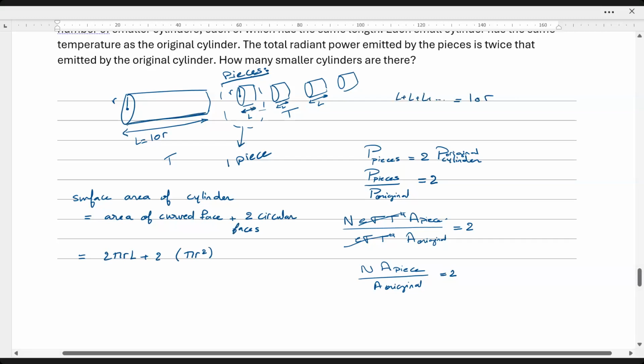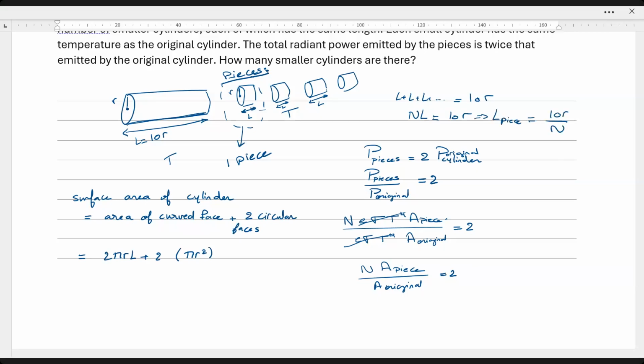All of these L's, if I add them up, are equal to n times L, the length of one piece times the number of pieces. And these should be equal to 10r. So the length of one piece is equal to 10r over n.